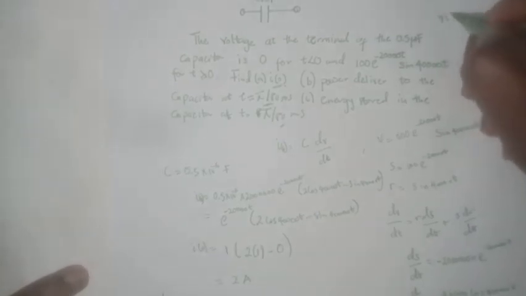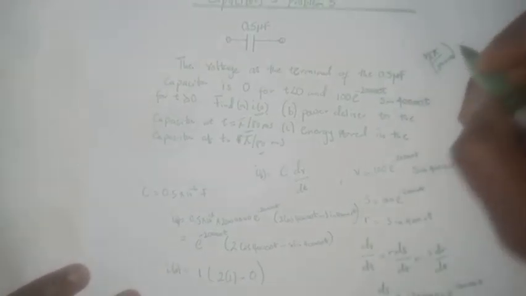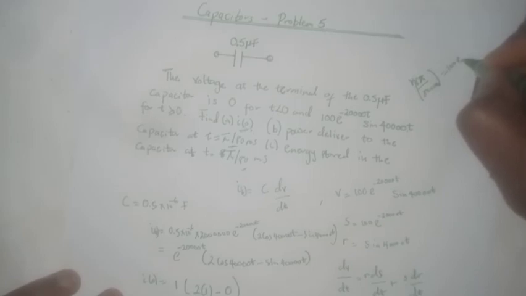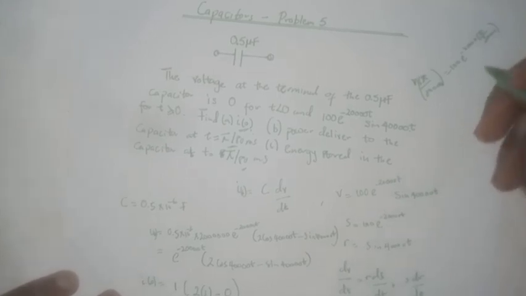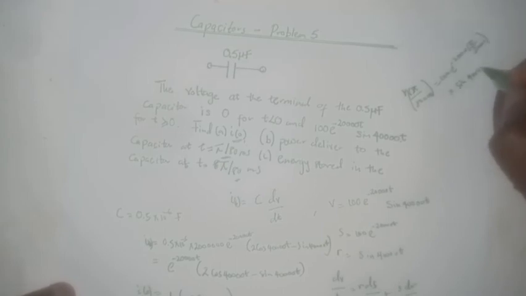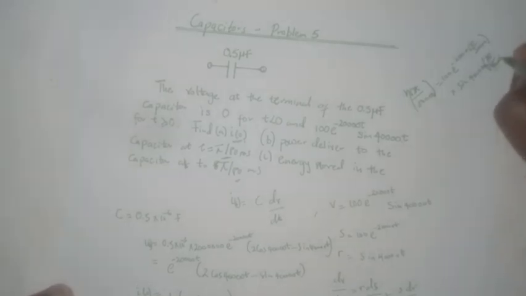So let's say t is pi over 80,000, because it's in milliseconds that we're interested in. So V is 100 e raised to the power minus 20,000 times pi over 80,000, multiplied by sine 40,000 times pi over 80,000.